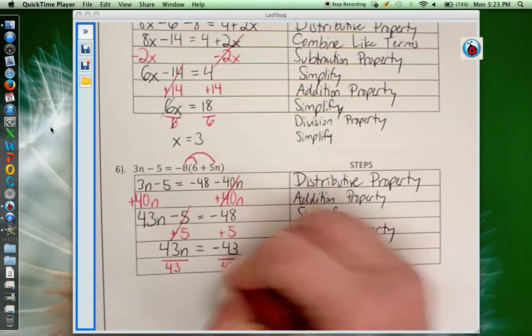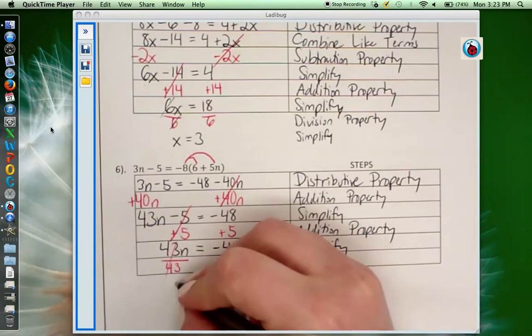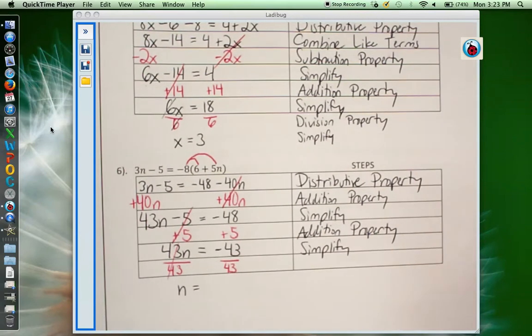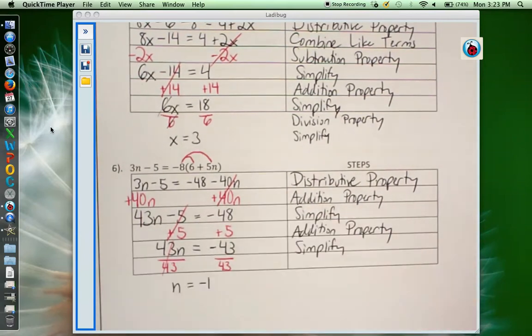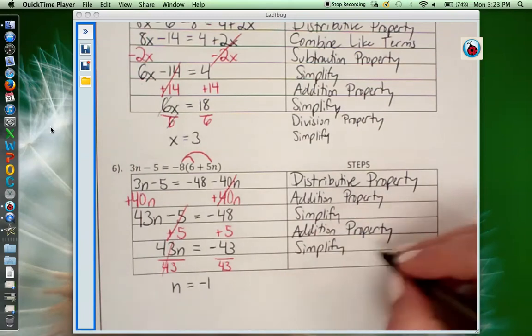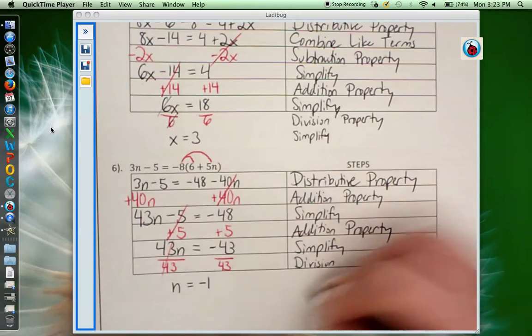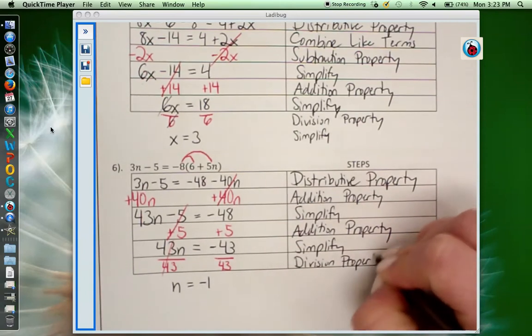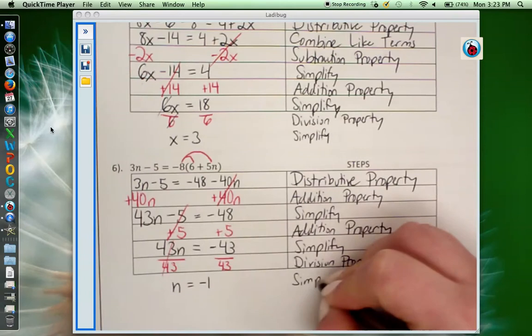And luckily this division comes out pretty nicely. I get n by itself equals negative 43 over 43 is negative 1. And just going back to fill in my steps, that was division property, and simplifying that division.